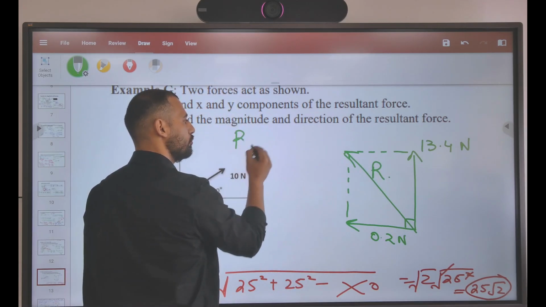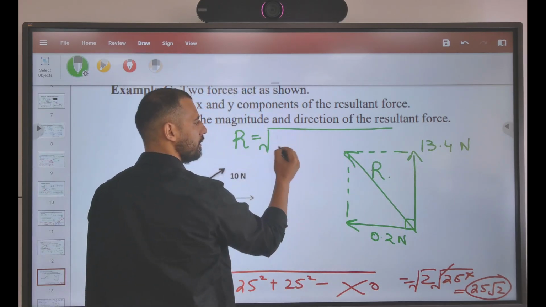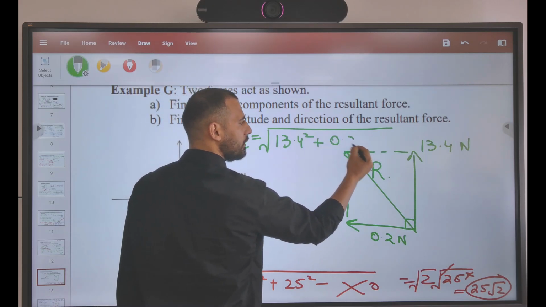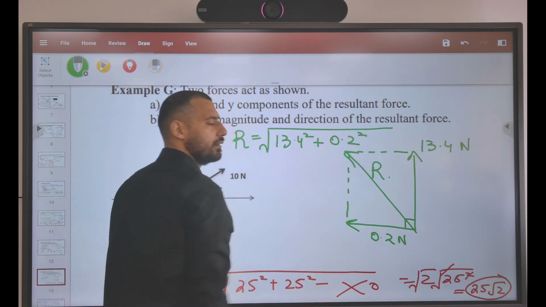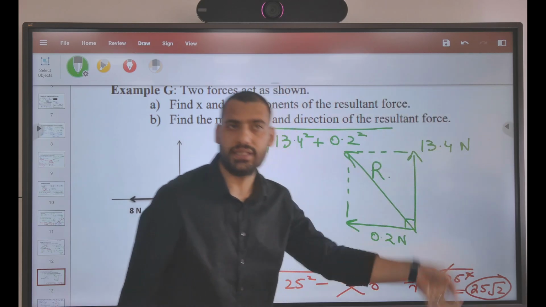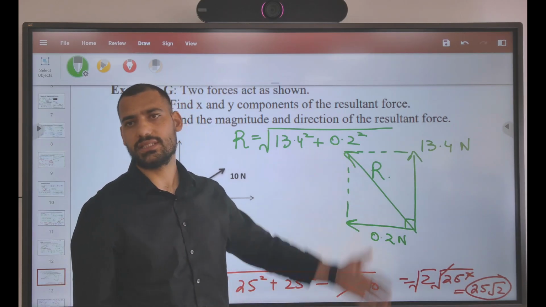What will be the value of the resultant? Magnitude. Tell me, square root of a square plus b square, plus twice AB cosine of 90. Cosine of 90 is again 0. We don't need to take that. Is that fine? It gets much easier.